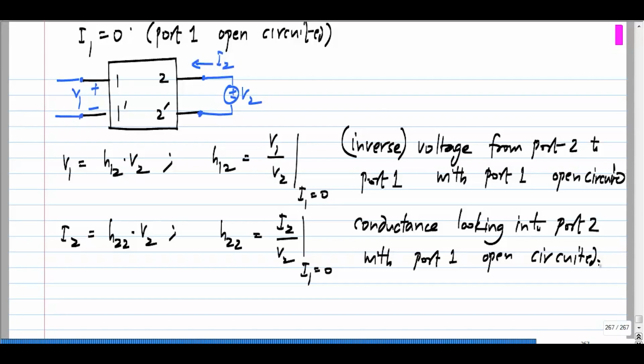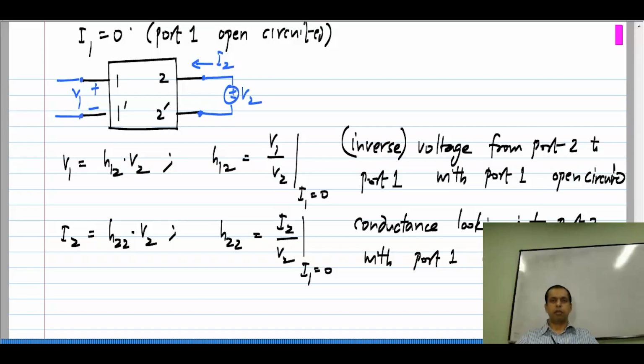Now, it turns out that these hybrid parameters were useful for describing a particular type of transistor. Like I said, you could use any parameter set for any element. Sometimes some of them will have infinite values and not useful. And even when all of them do exist, some are more convenient than others. Now, previously there was a particular type of transistor known as the bipolar junction transistor.